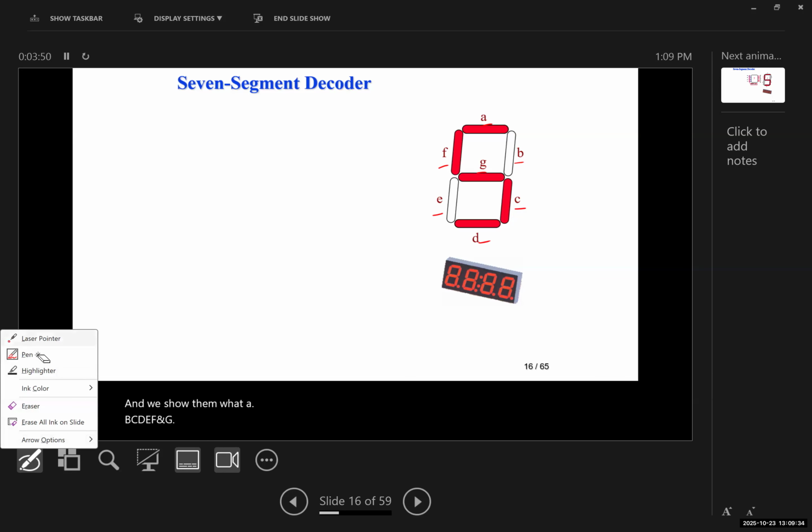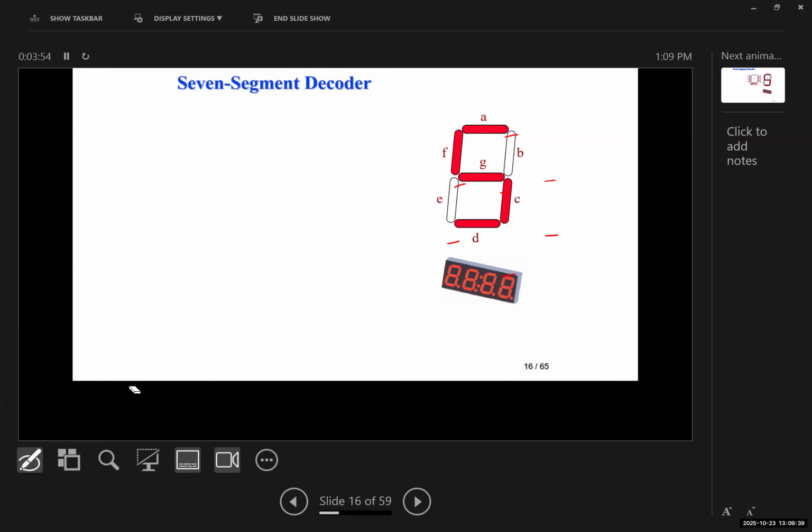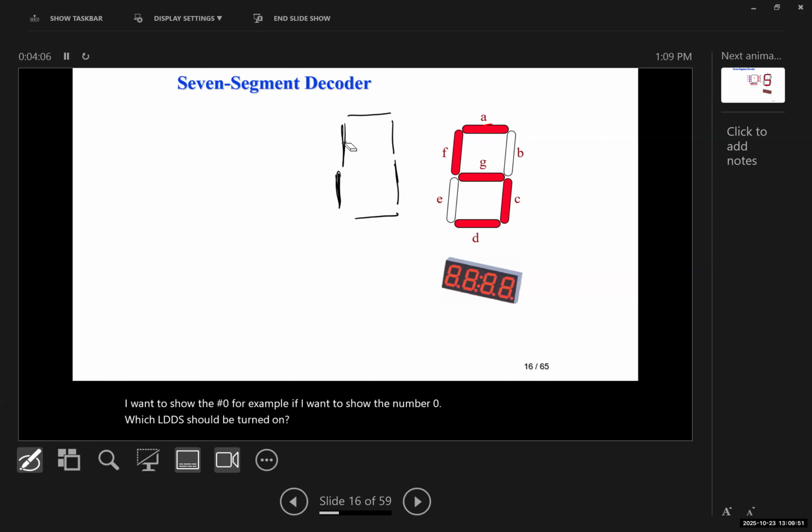Now, for this 7 segment, if I want to show the number 0, for example, which LEDs should be turned on? A, B, C, D, E, and F are on, and G is turned off.